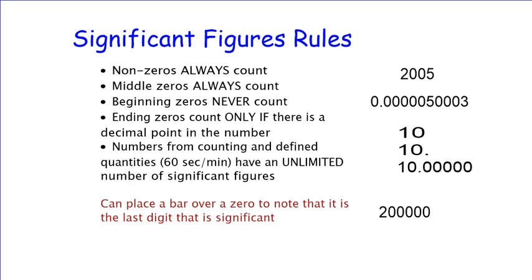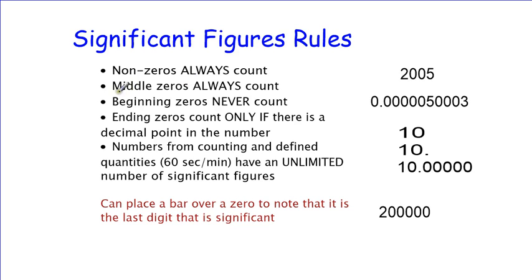Non-zero numbers always count as significant figures. So anything that's not a 0 is automatically significant. However, the zeros can either be at the beginning of the number, the middle of the number, or the end of the number. And depending on what type of 0 it is, there are going to be different rules.